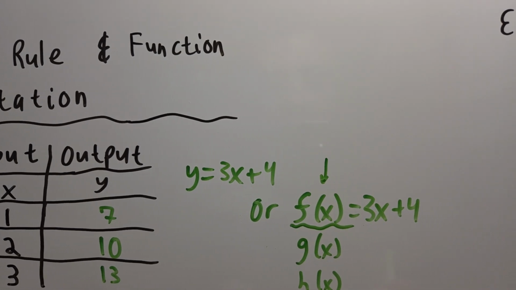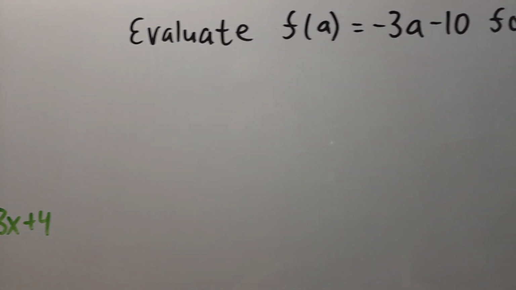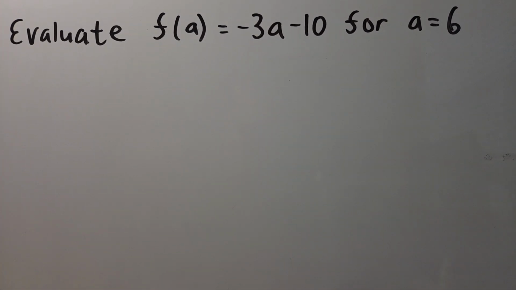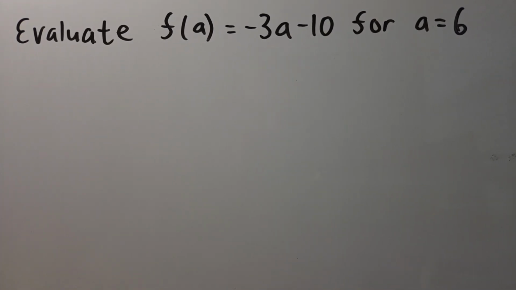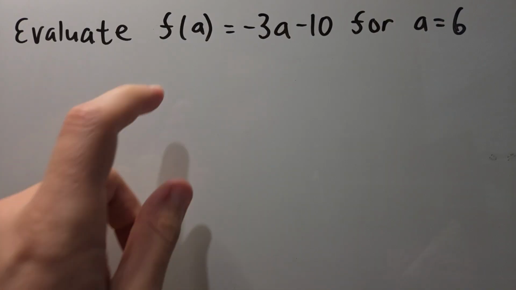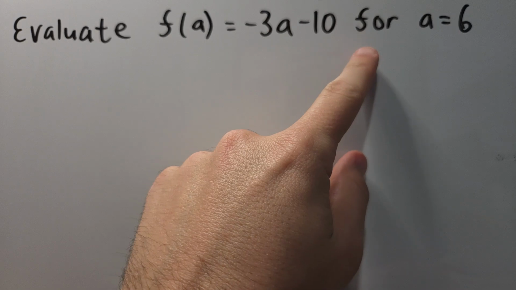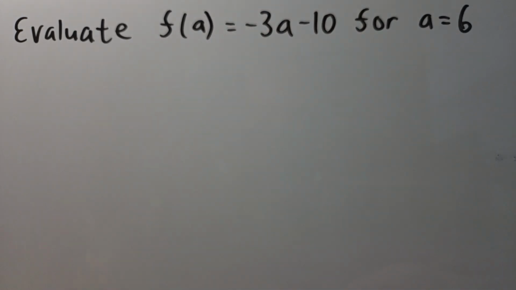So let's take a look at another example. We can use a function rule to evaluate functions, just like this one here. Let's evaluate the function f of a equals negative 3a minus 10 for a equal to 6.